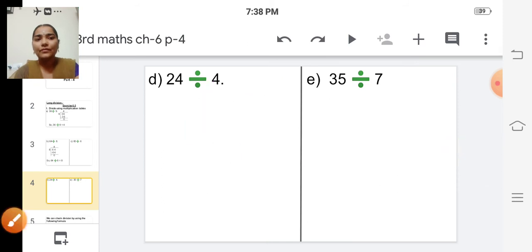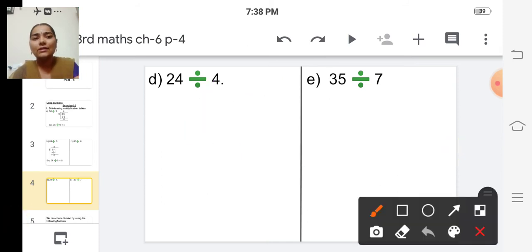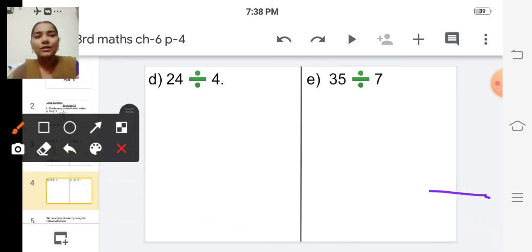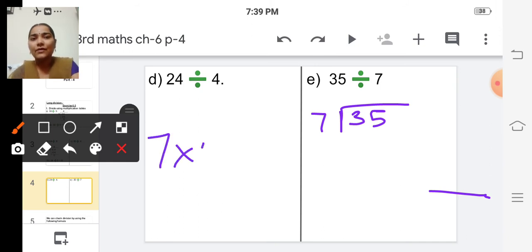Okay, next one, E. 35 divided by 7. Do you all remember the 7th table? So how many times will it go? 7 fives are 35, isn't it?